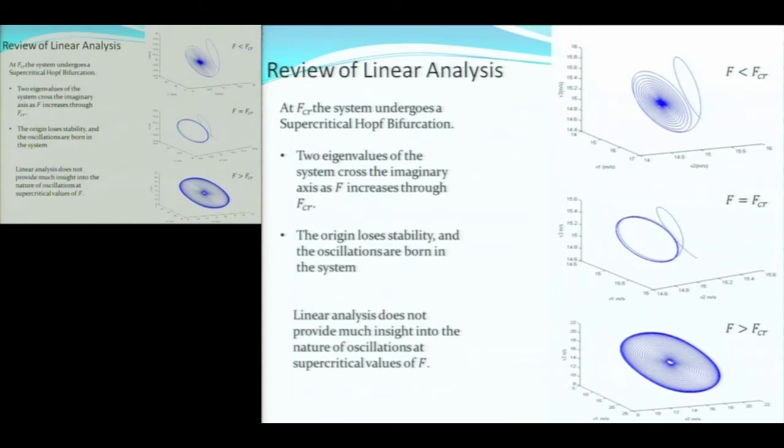The same will actually be true for the headways, but we just couldn't plot it in 3D so that you can see. For the first graph, f is below the critical value, and all the cars converge back to the equilibrium velocity even when they're perturbed. But once f increases beyond critical f, you get these large oscillations, and the origin of the system is unstable.